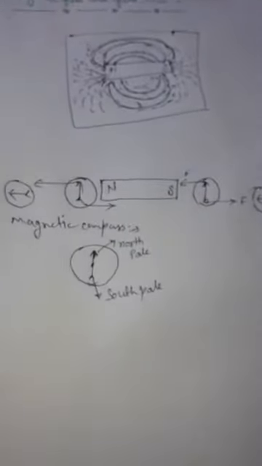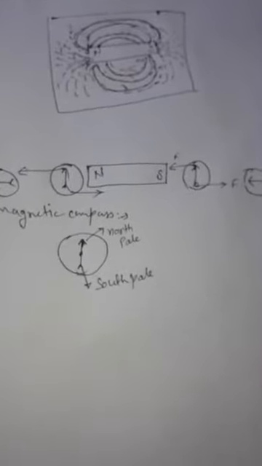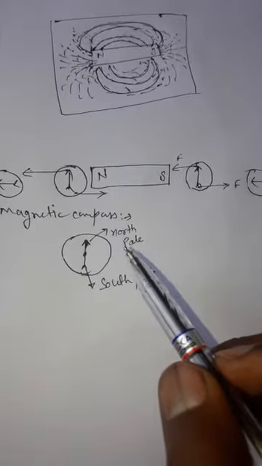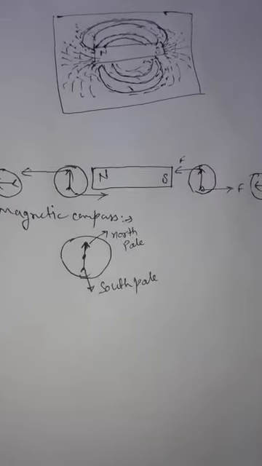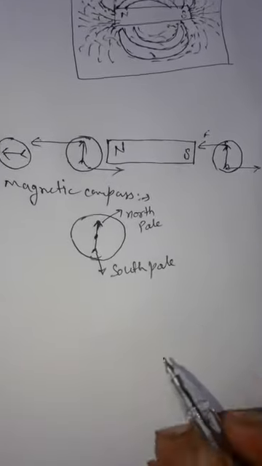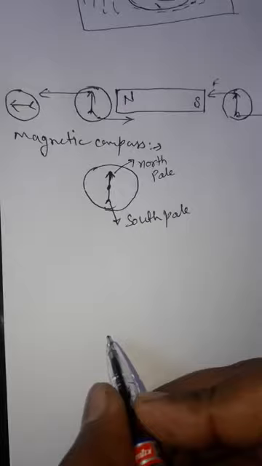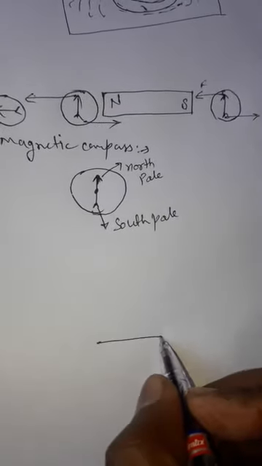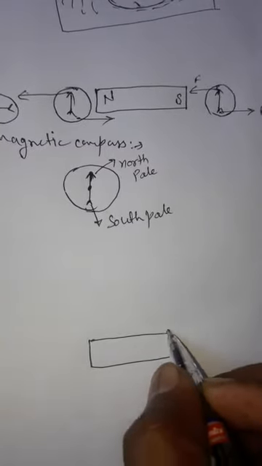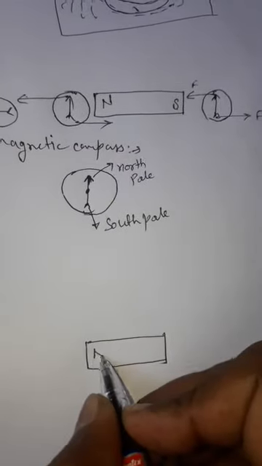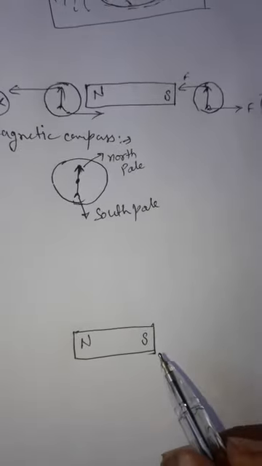Now with the help of this needle, we can easily draw the magnetic field lines due to a bar magnet. So how can these lines be drawn, let's see. First of all, let us take a magnet and place it on a plain paper. Let these be the north and south pole of this magnet.